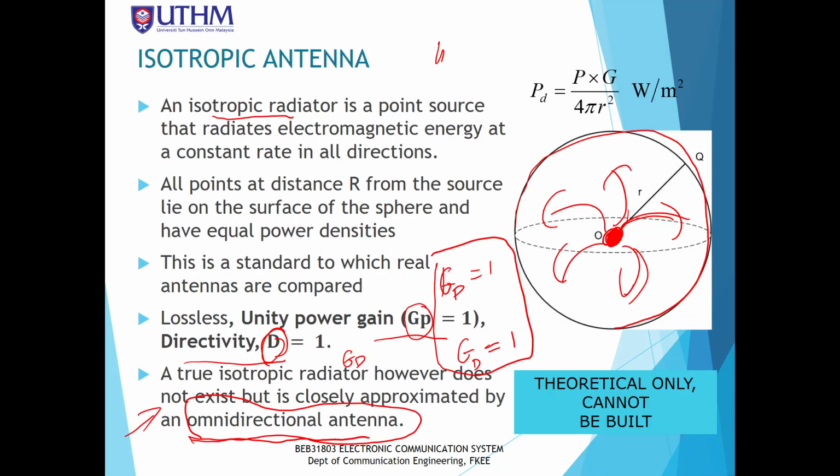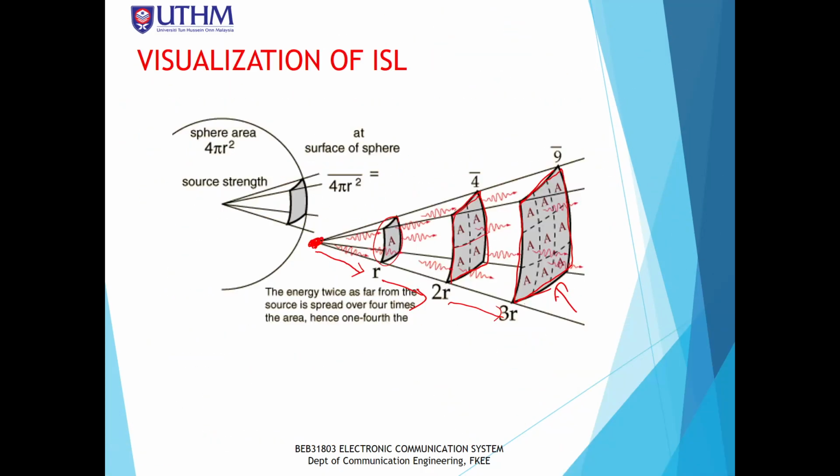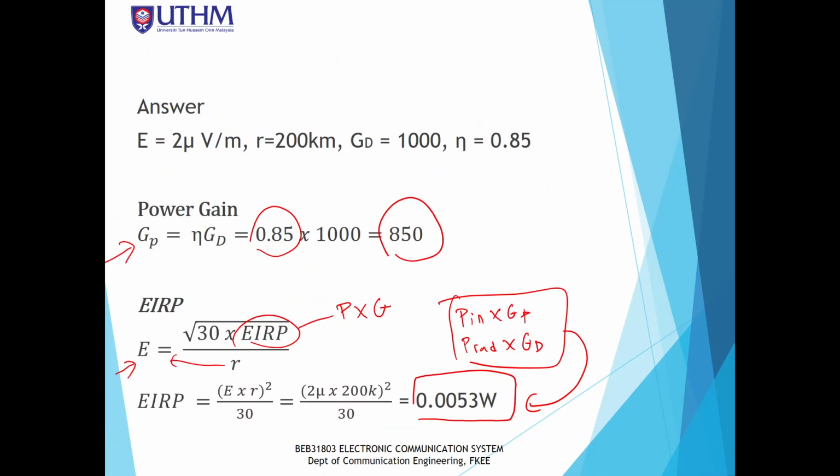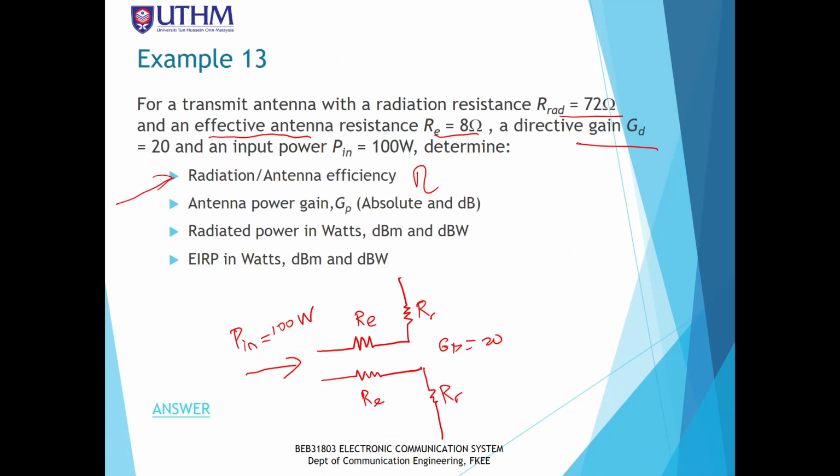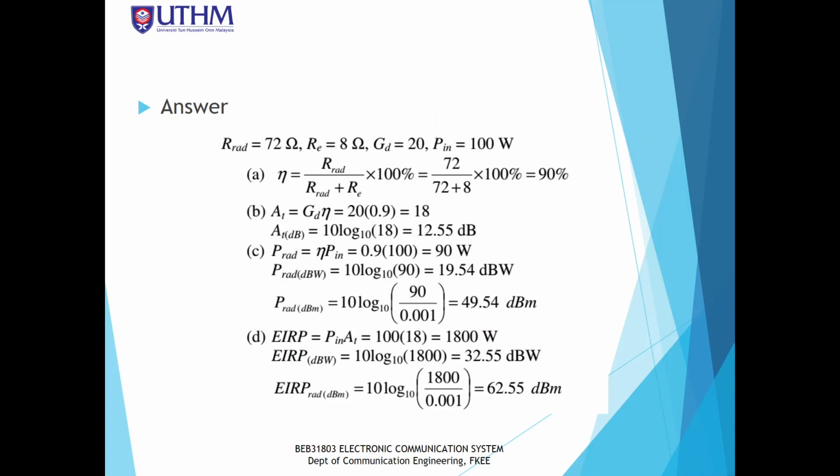So I go forward to example 13. Efficiency is equal to R radiation divided by R radiation plus R effective, multiplied by 100%. So 72 divided by 72 plus 8, multiplied by 100%. So we get antenna efficiency 90%.